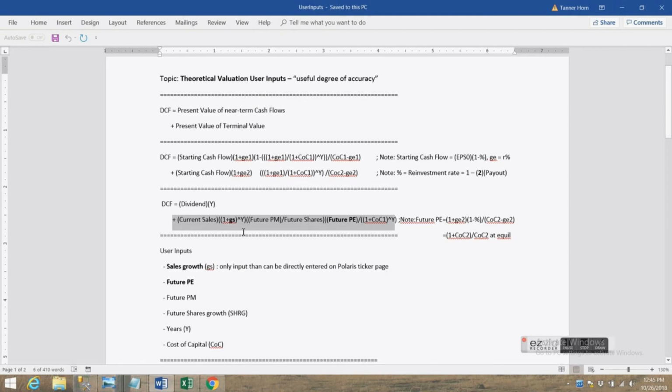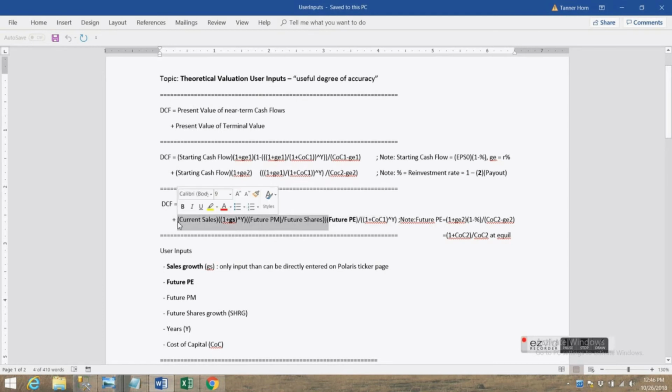There's a slider on the PolarisInvesting.com website that allows the user to put in their own assumed growth rate for the first 5 years. But then you multiply it by the future profit margin to get earnings per share company-wide. Then you divide by the expected number of future shares, and you get an earnings per share at the end of stage 1.